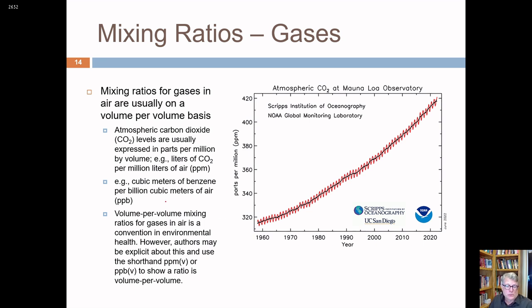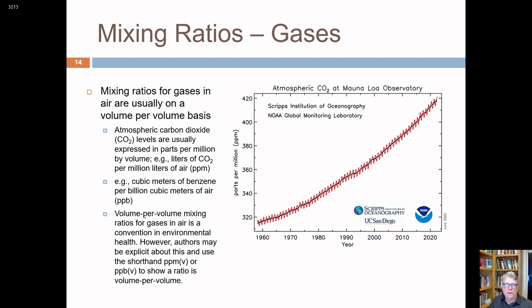Another example, this is just not tied to anything in particular, it would just be like cubic meters of benzene, a known human carcinogen, per billion cubic meters of air. Again, that would be cubic meters per billion cubic meters. That would be a part per billion.